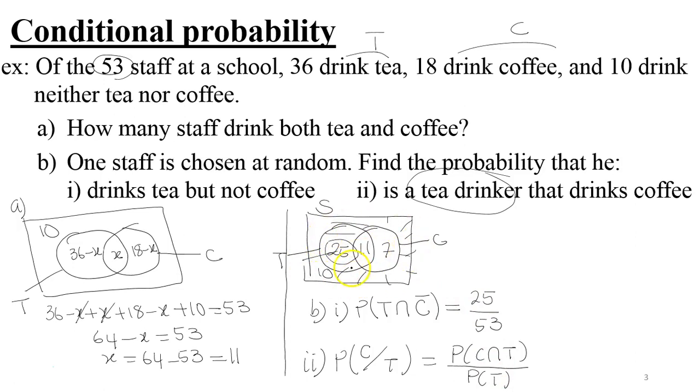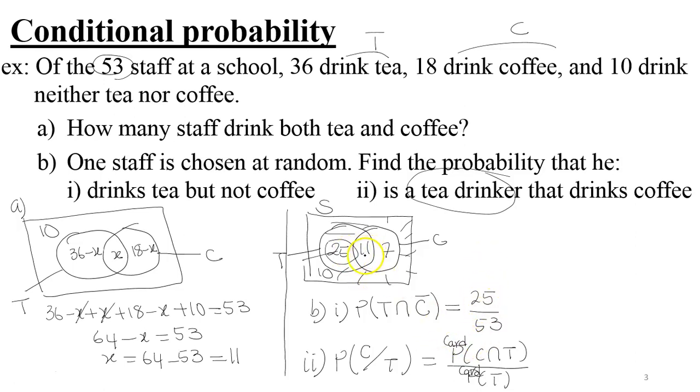Or over here, since we have the cardinals, you could also use the cardinals instead of the probability. It's the same thing as we've already seen, because to determine the probabilities, we would have to divide by the cardinal of the sample space, which cancels out in that ratio anyway.